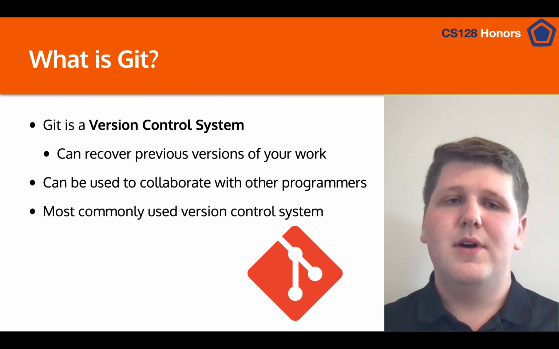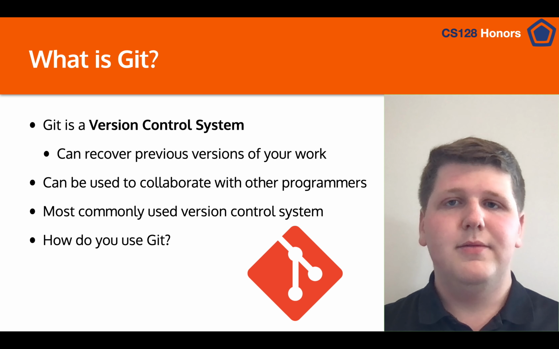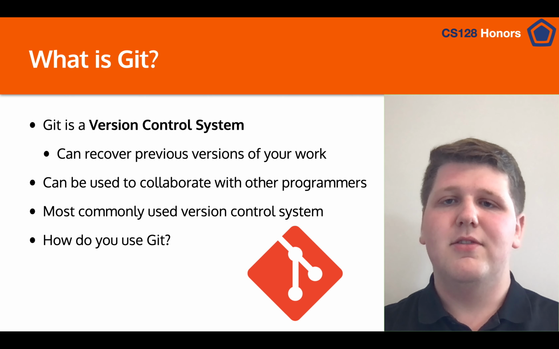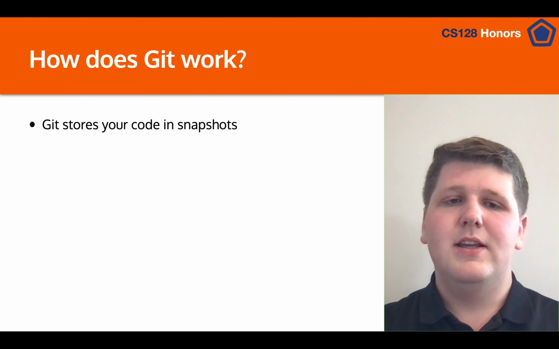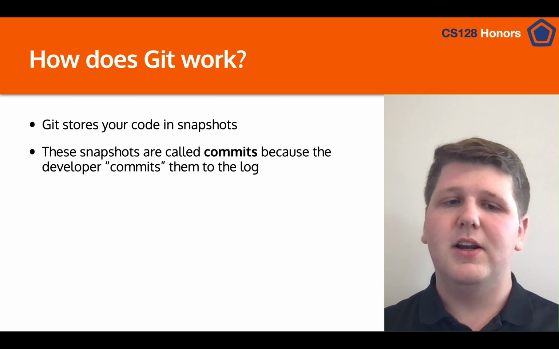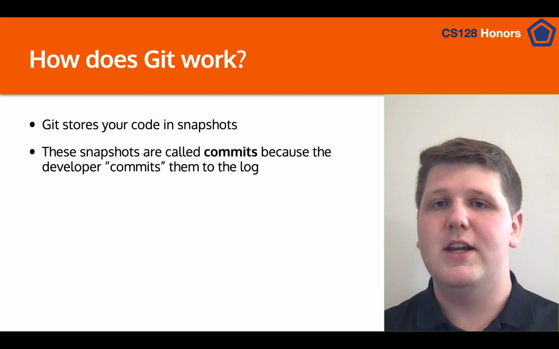So now that we know what Git is and who uses it, you're probably wondering, how do you use Git? And that's what the rest of today's module is going to be about. So how does Git work? Git stores your code in snapshots. Now these snapshots are called commits because the developer commits them to the log and history of what files have changed.